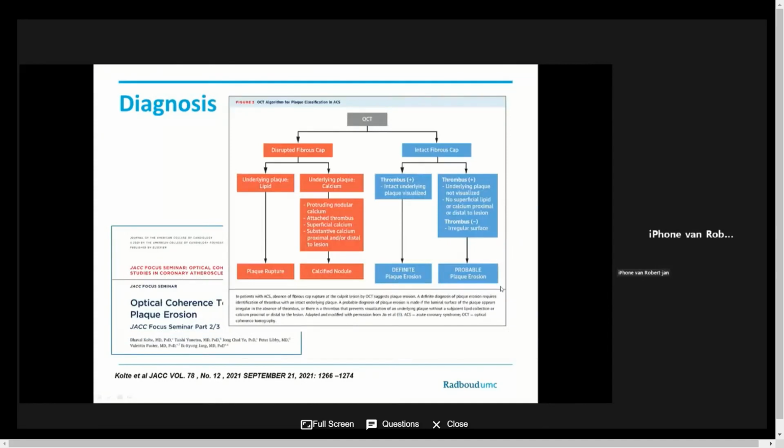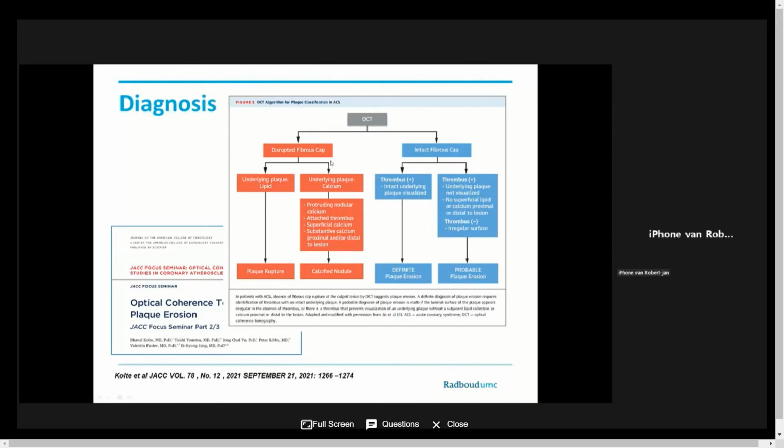Now, if you want to see the diagnostic schedule for that, if you do the OCT, you can find a disrupted plaque or an intact fibrous cap plaque. And that's what I just showed you. You have either the definite plaque erosion or probable plaque erosion, if you cannot see the underlying plaque but you see thrombus with an irregular surface.